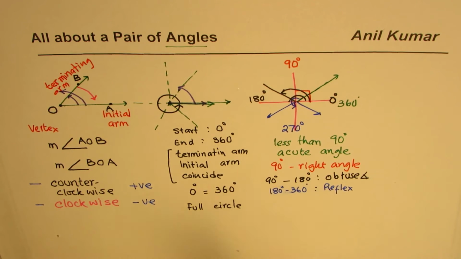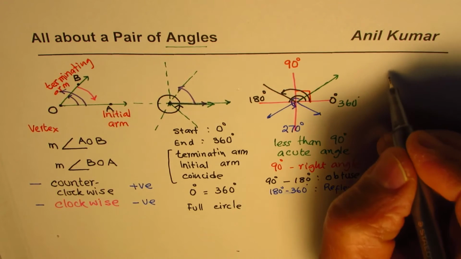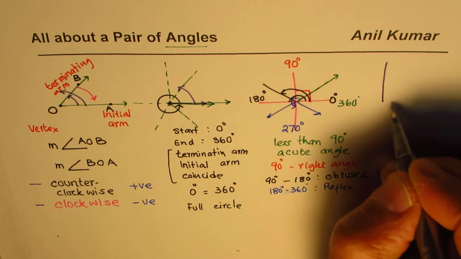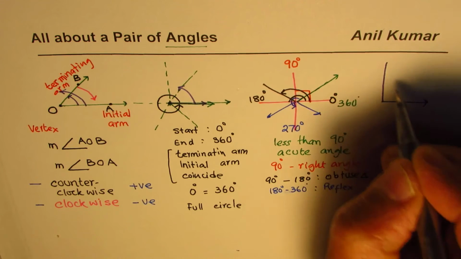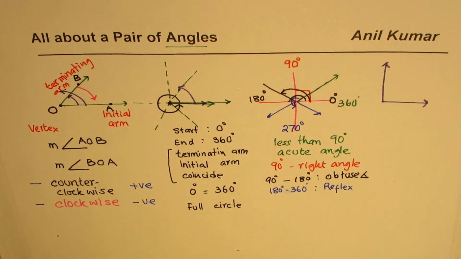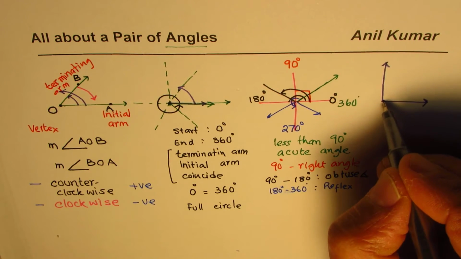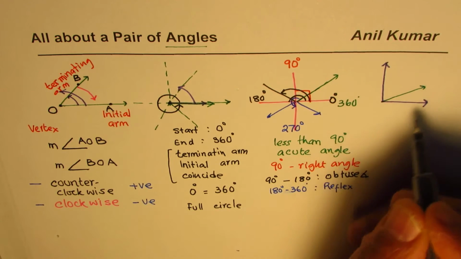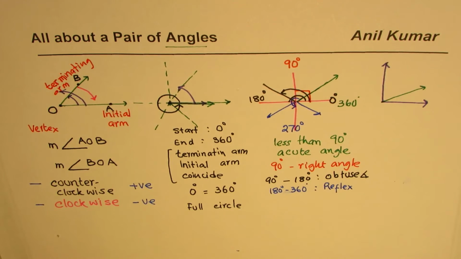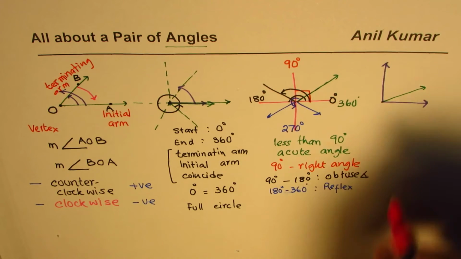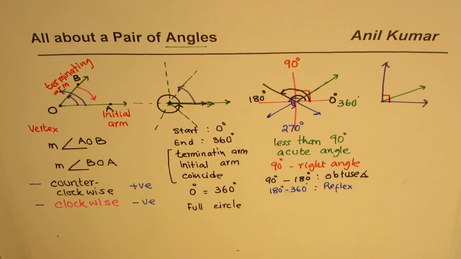Now let's talk about pairs of angles. We are talking about some special pairs of angles. Let us say we have two angles so that if you place them side by side, then they form a right angle.